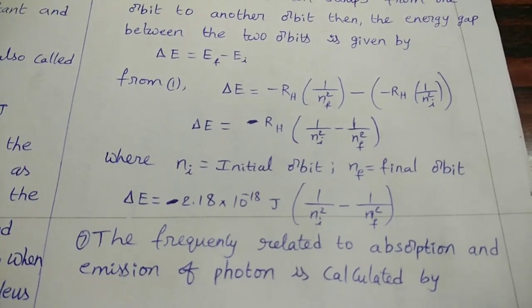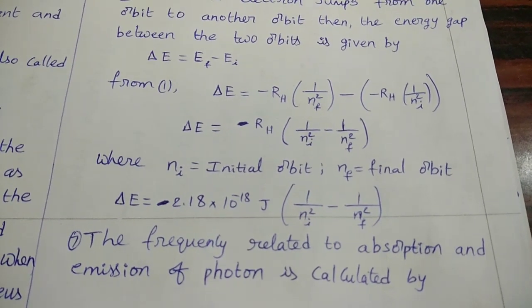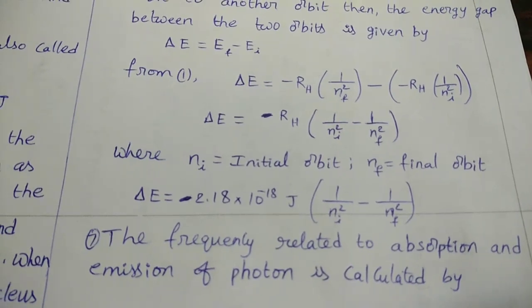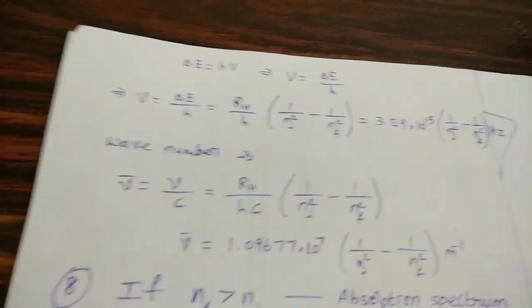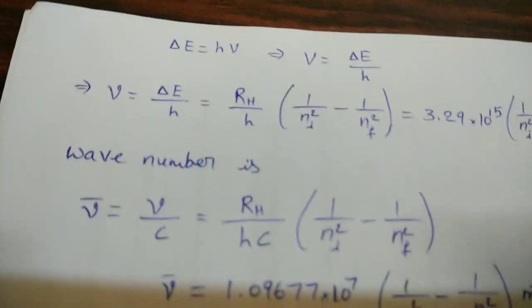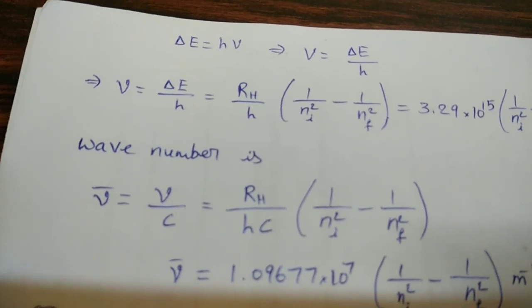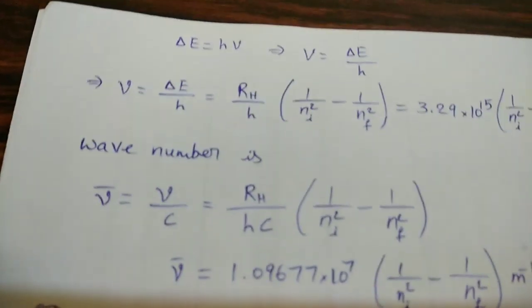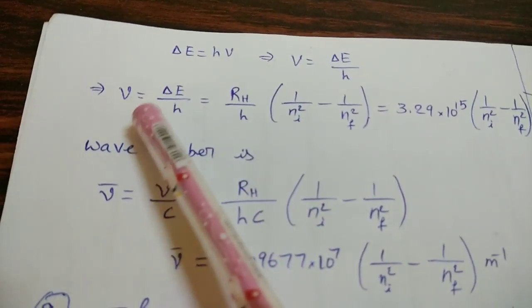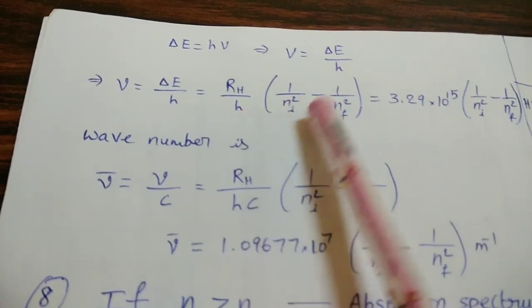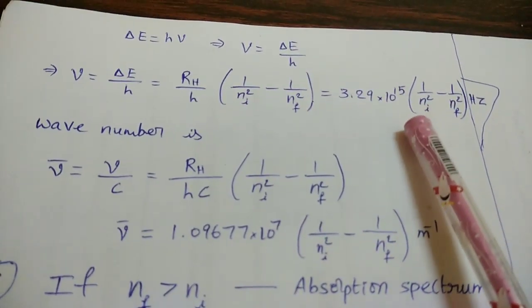Next, the frequency related to absorption and emission spectrum of photon is calculated by this expression, ΔE equals hν, so ν equals ΔE by h. Here ν is the frequency of the spectral line in emission or absorption spectrum. ΔE is the expression we got in the previous step; substitute that, then we can get this one.